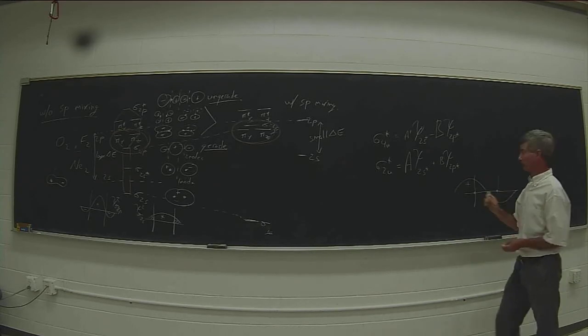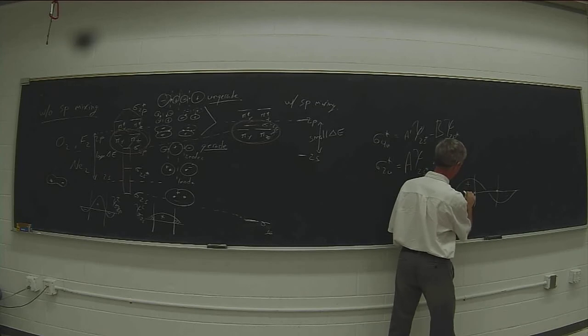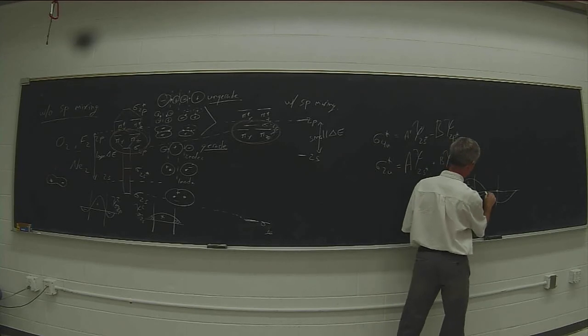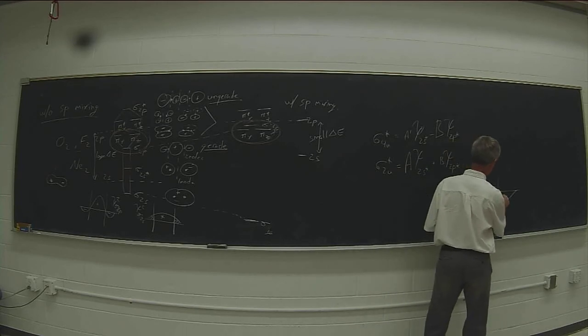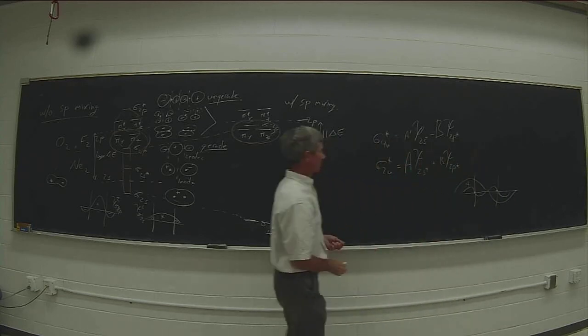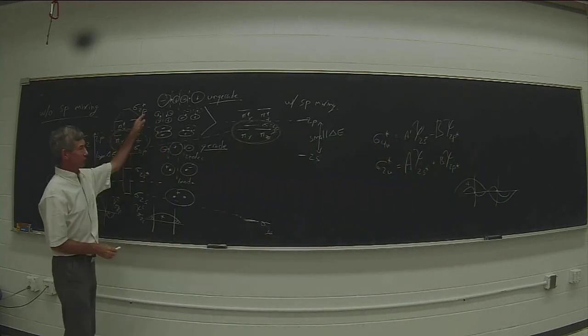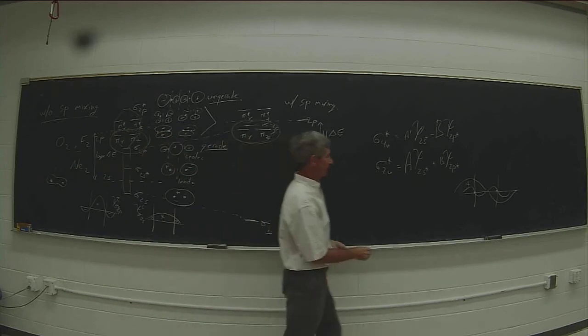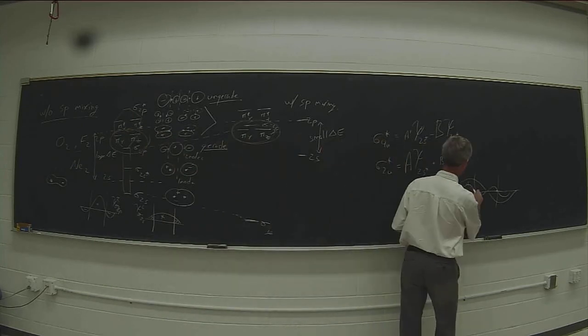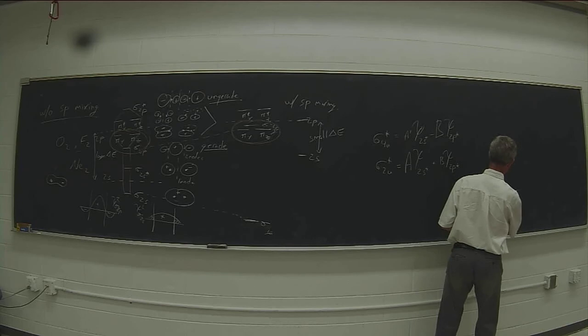So the sigma 2p star orbital will look like this. It had larger lobes on the outside than on the inside.